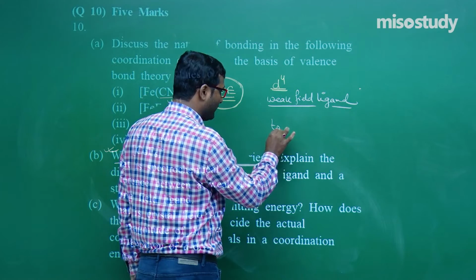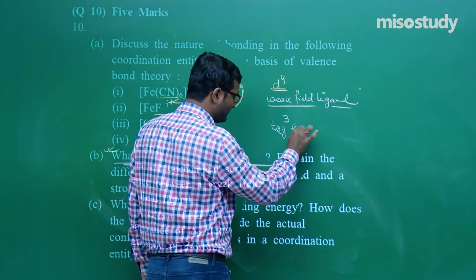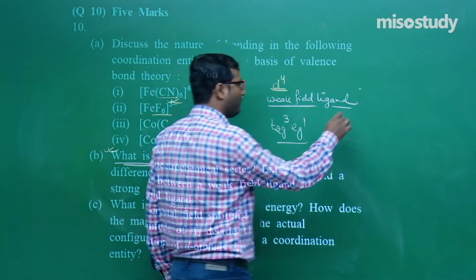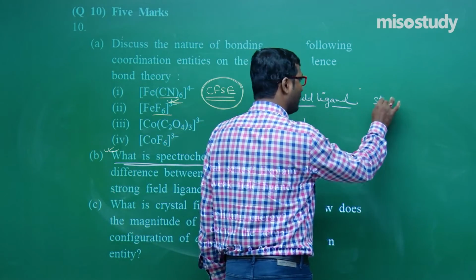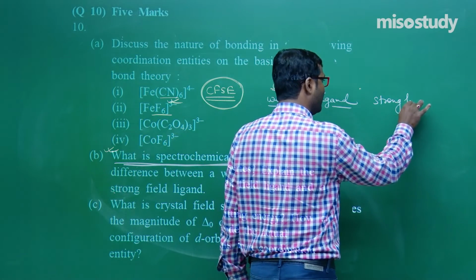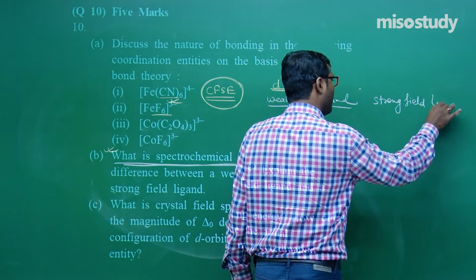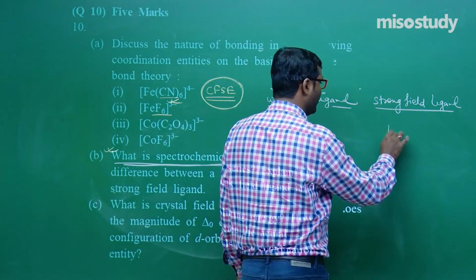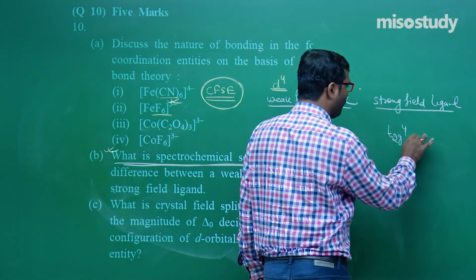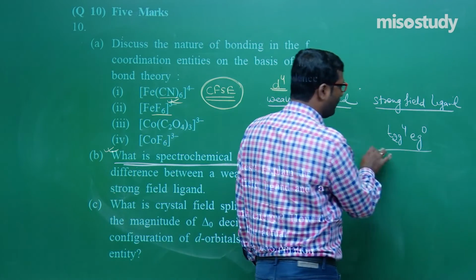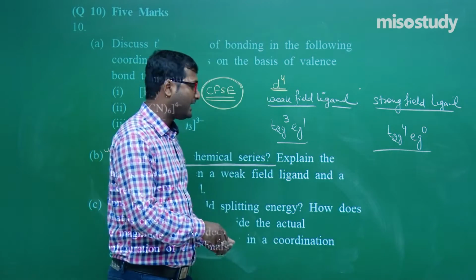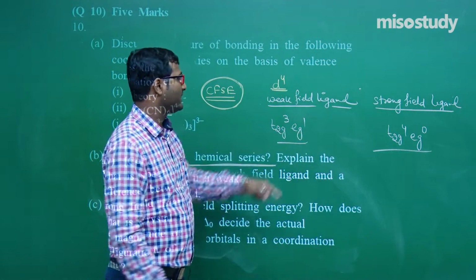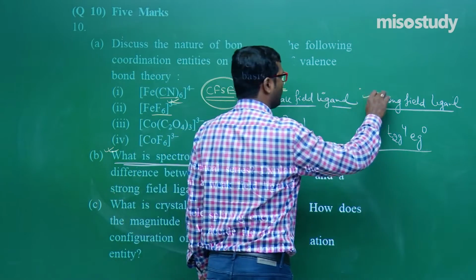Each orbital gets 1 electron, t2g3 eg1. But if there is a strong field ligand, do you remember crystal field theory? In this case, we will write t2g4 eg0. First all pairing will take place, then further movement. So this is the difference between weak field ligand and strong field ligand.